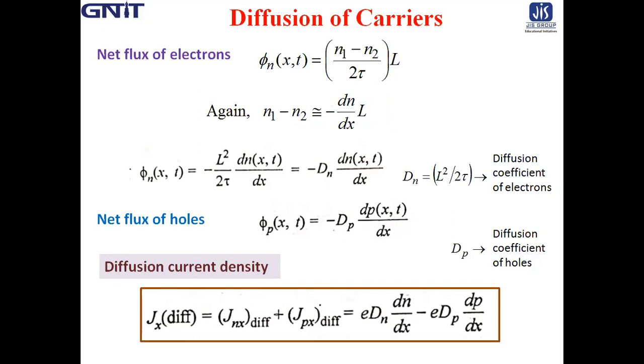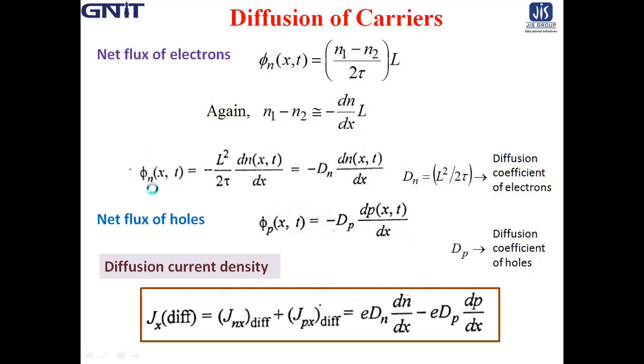Therefore, phi n(x,t) equal to minus L square by 2 tau, just putting the value n1 minus n2 equal to minus dn/dx into L in this first equation.